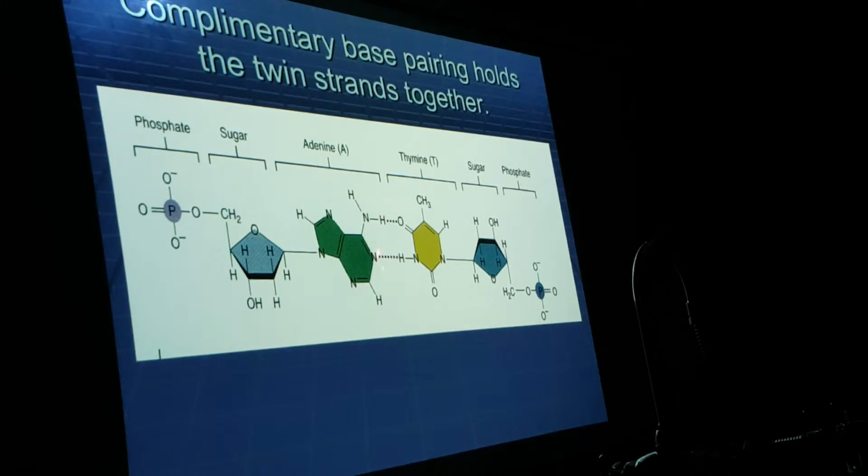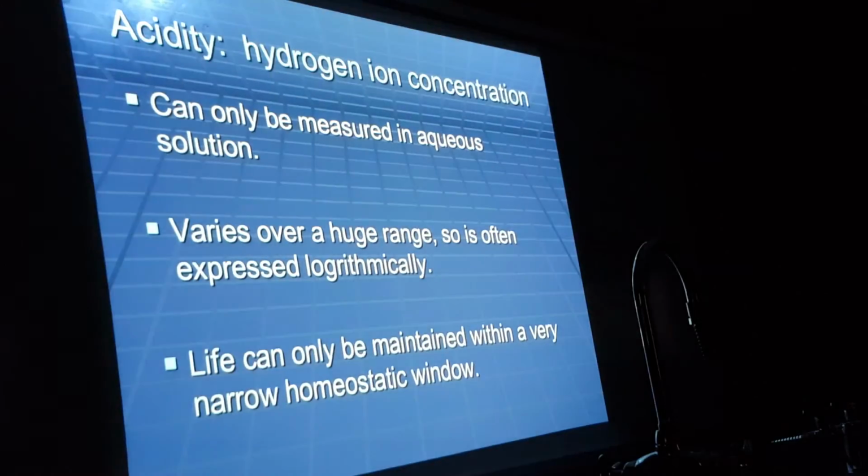So a little bit about acidity. Hydrogen ion concentration varies over a huge range, so we express it logarithmically using the pH scale. A little p means minus the logarithm of.